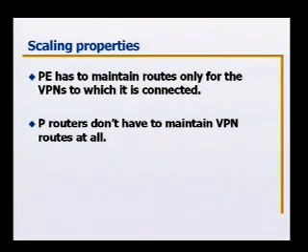Usually the numbers for VPN scaling tell how many VRFs a box can support and how many routes per VRF, because this gives the total number of routes that the box can support. And the numbers are going to be different depending on what protocols the box is running between the PE and CE. The reason is that different protocols have different requirements in terms of memory, CPU, and so on.